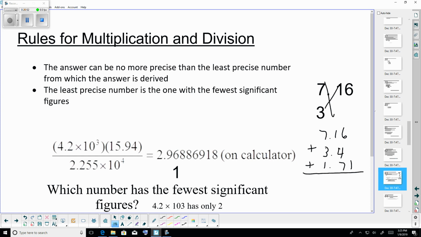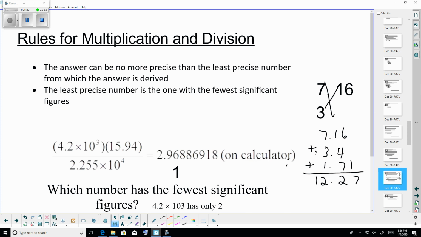6 and 1 is 7. 12, carry the 1. 8, 3. So that's what you got in your calculator, right? Yes. All right. How many significant figures? For addition, it has to have the same number of decimal points. 12.3.